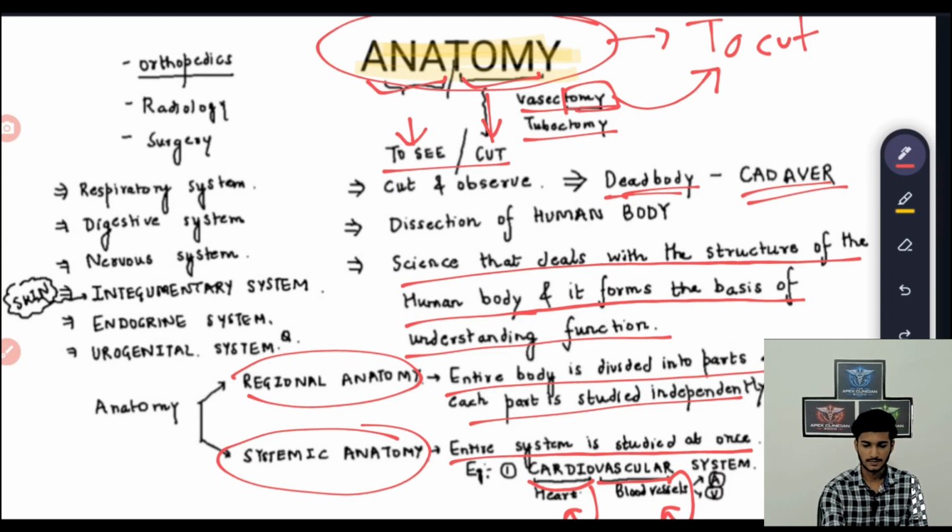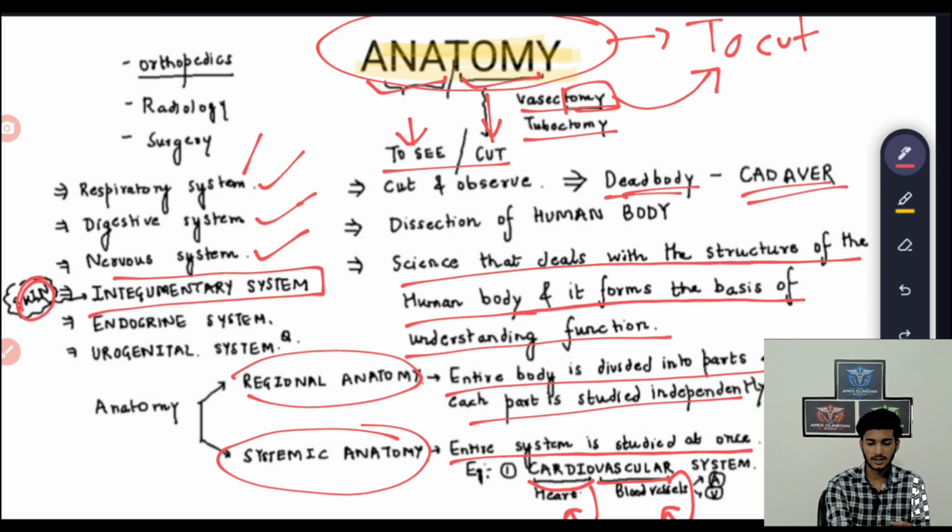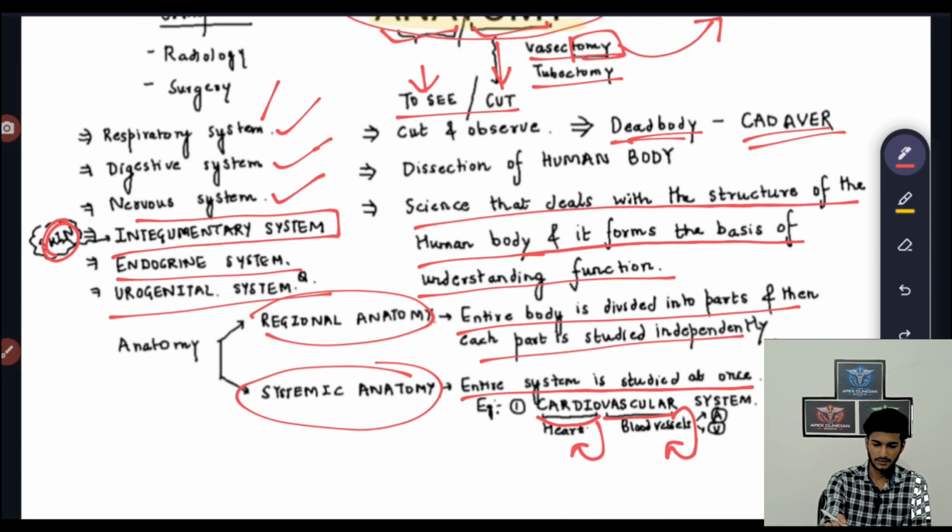That is the respiratory system, which consists of two parts and is located in the thorax region. Then there is the digestive system, then the nervous system, the integumentary system, which consists of skin, then the endocrine system and the urogenital system. We'll be studying all this stuff systematically.